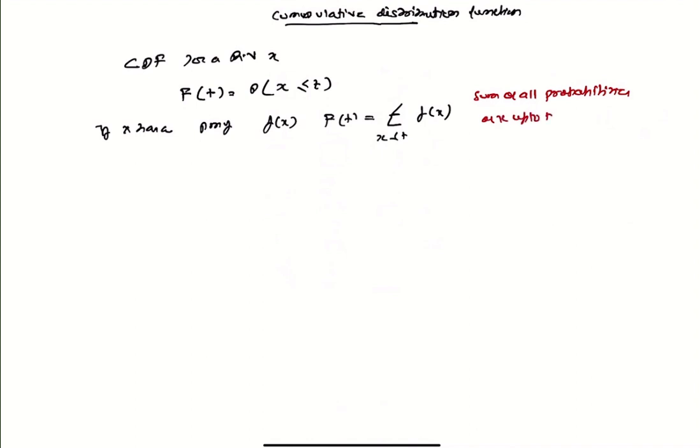And then the other one is, this is the PMF; if the PDF is f(x), then F(t) is equal to the integral from minus infinity to t of f(x) dx.